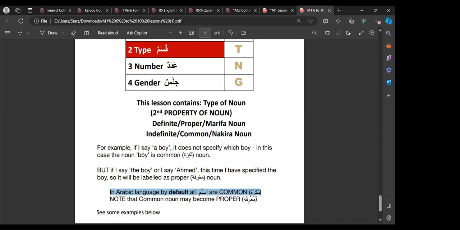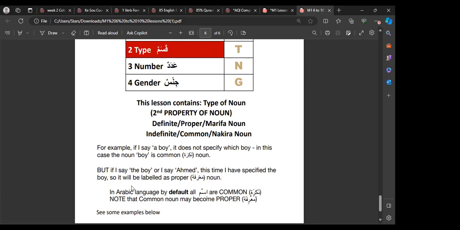For example, nakira is unknown, it's indefinite, and it's common. If I say a boy, it doesn't specify which boy. It can be any boy. As long as it's a boy, that's what can be chosen. In this case, the noun boy is common. But if I say the boy, imagine there are five girls and one boy, and then I say the boy, then it's specific.